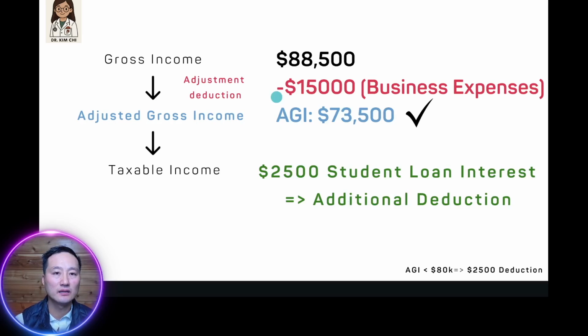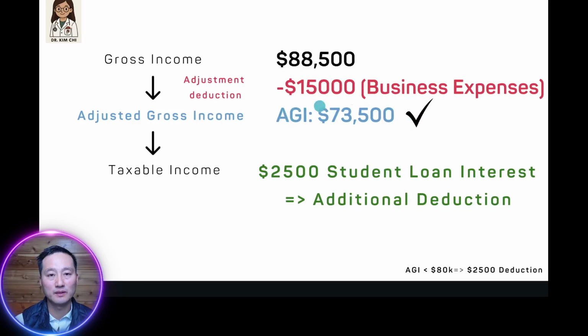So let's take a look at the exact math. Her gross income was $88,500, and because of the business expense strategy that she used, she created $15,000 of above the line deduction, which lowered her AGI further down to $73,500.